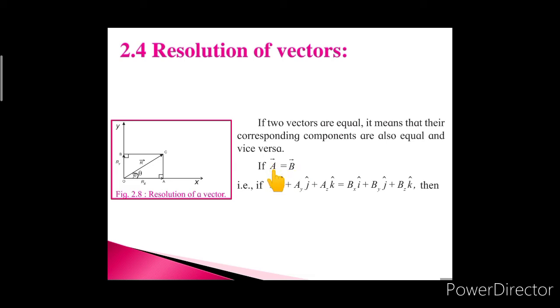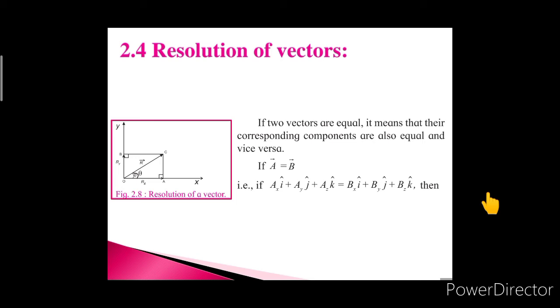So we can write vector A is equal to vector B. As vector A is resolved into its 3 components, it is written as Ax i cap plus Ay j cap plus Az k cap, which is equal to vector B, written in terms of its unit vectors and components as Bx i cap plus By j cap plus Bz k cap.